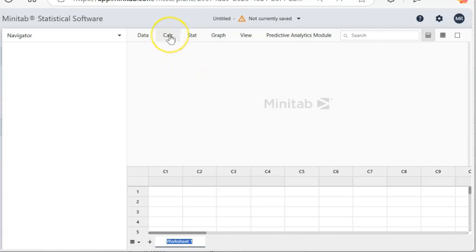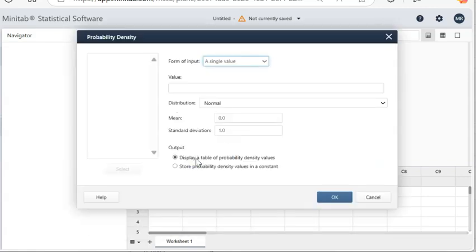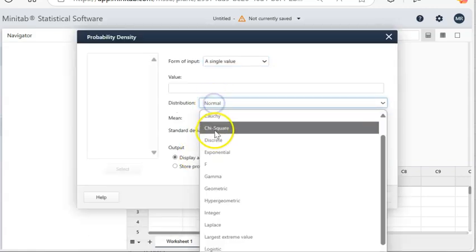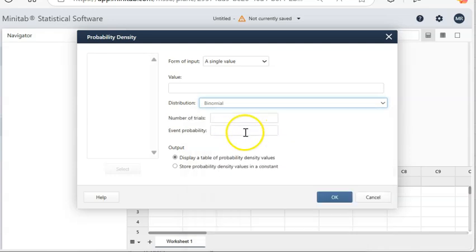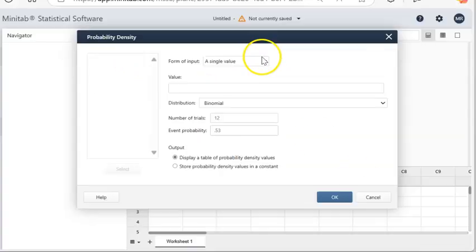One way we could do this is to go to Calculate, then Probability Distributions, then Probability Density Function. We're going to change Distribution to Binomial. We know the number of trials, n, is 12, and the event probability is 0.53. Let's confirm that. Yep, sure enough, n is 12, p is 0.53.